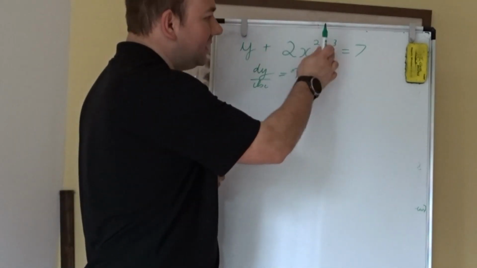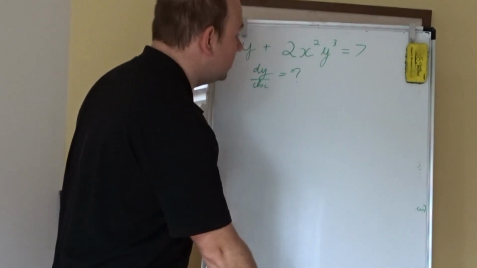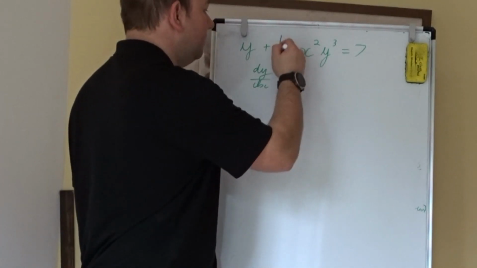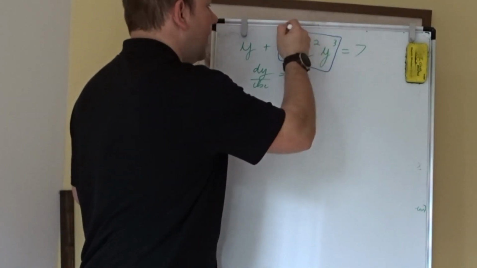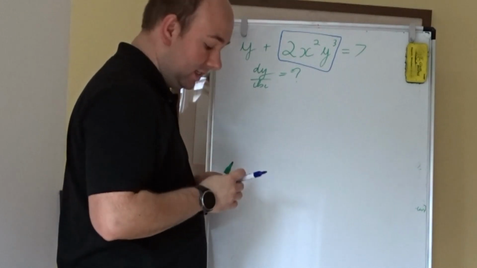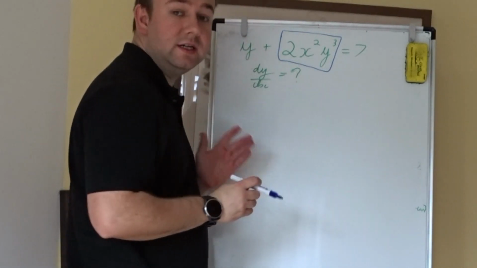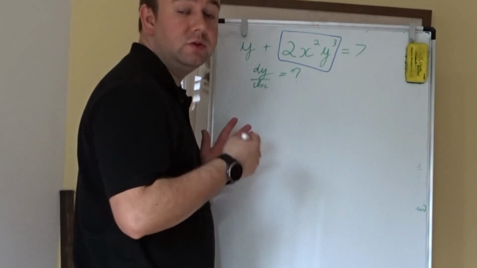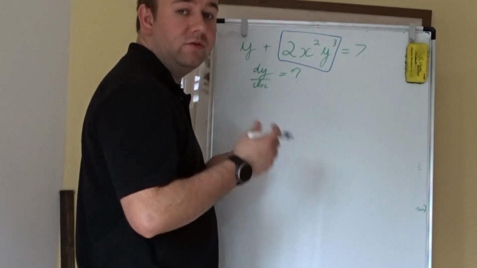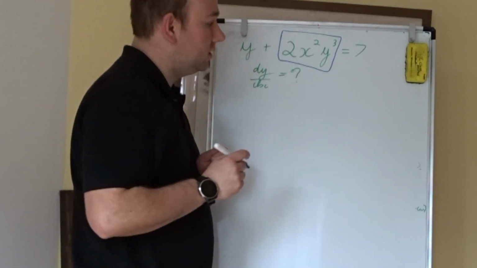I'm going to start off by just demonstrating it on this term here, which I'll circle in blue. And we're going to go through it and see what we can come up with. What we'll find is that we're going to have to use a combination of the chain rule and product rule to solve this.